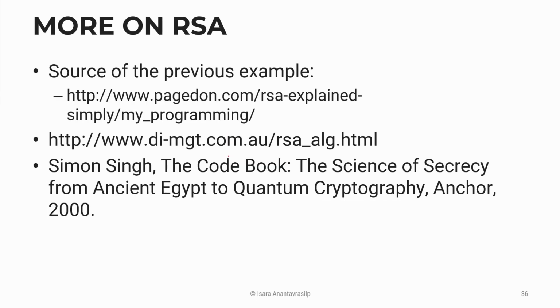Okay, so if you are interested in RSA, I would also like to recommend a book by Simon Singh, The Code Book. This is a book about the history of cryptography from the Roman time to present day. Or you can just Google RSA or how RSA works.